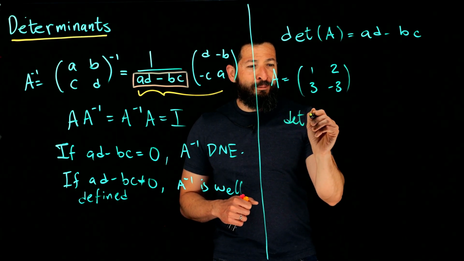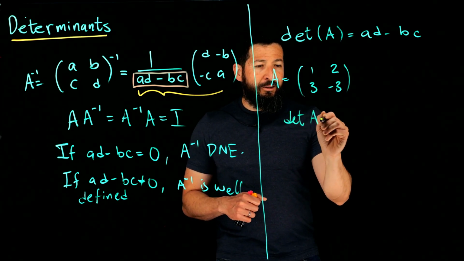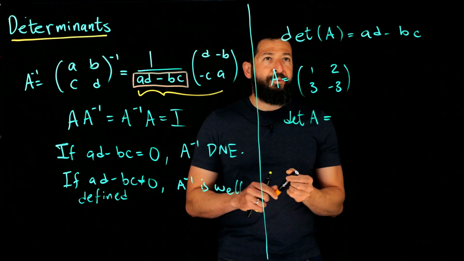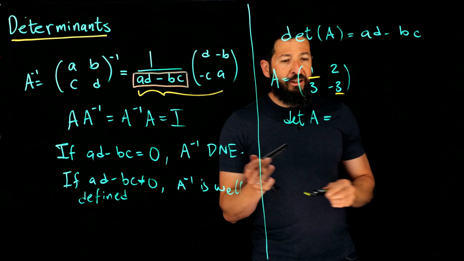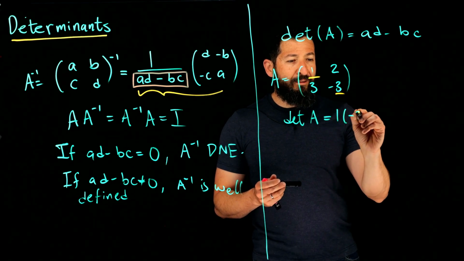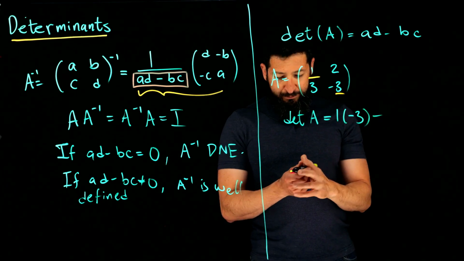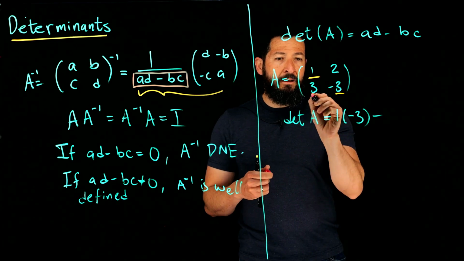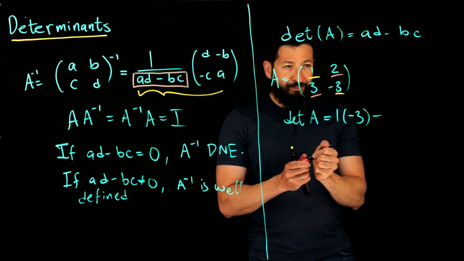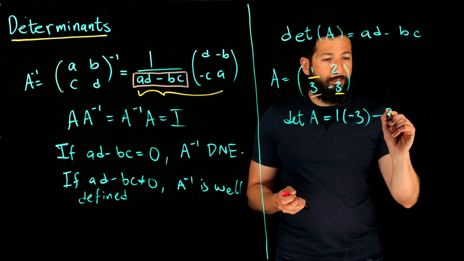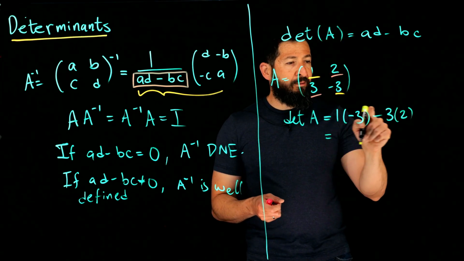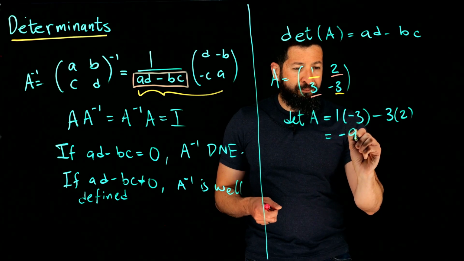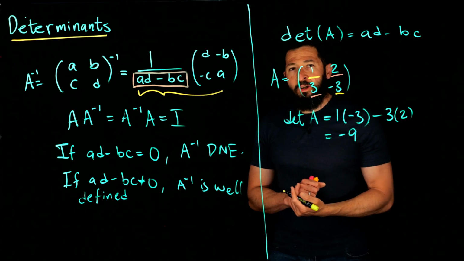All you do is put all the quantities in the right order. AD is going to give you 1 times -3 minus BC is going to give you 3 times 2. So -3 minus 6, -9. And so that would be the determinant of this matrix.